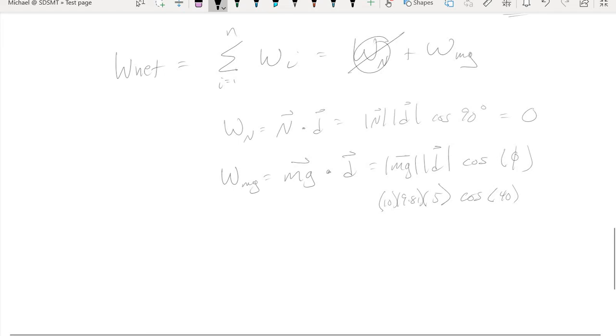Back to our calculator. Cosine of 40 times 10 and 5 is 50, times 9.8 makes for 376 joules worth of work.